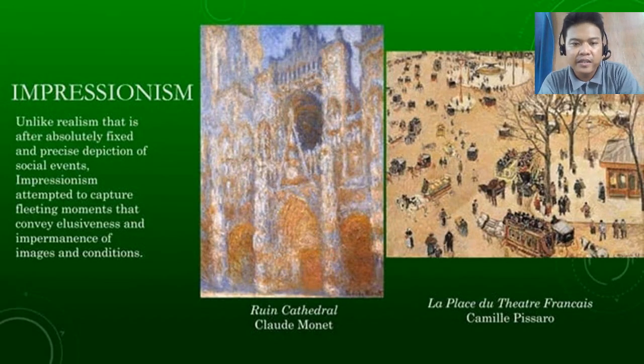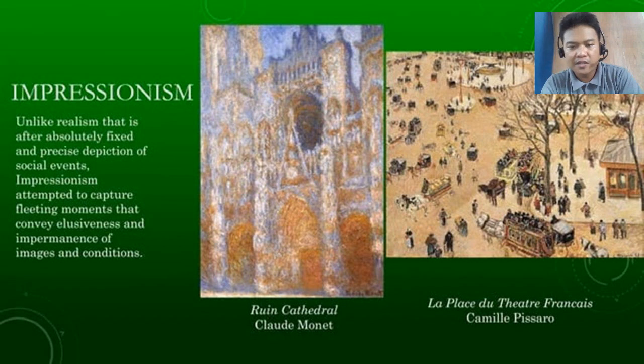Next is Impressionism. Unlike Realism, which is after an absolutely fixed and precise depiction of social events, as I said, the present time, Impressionism attempted to capture fleeting moments that convey the elusiveness and impermanence of images and conditions. Okay, they are like taking you to a different perspective, in a broader point of view.